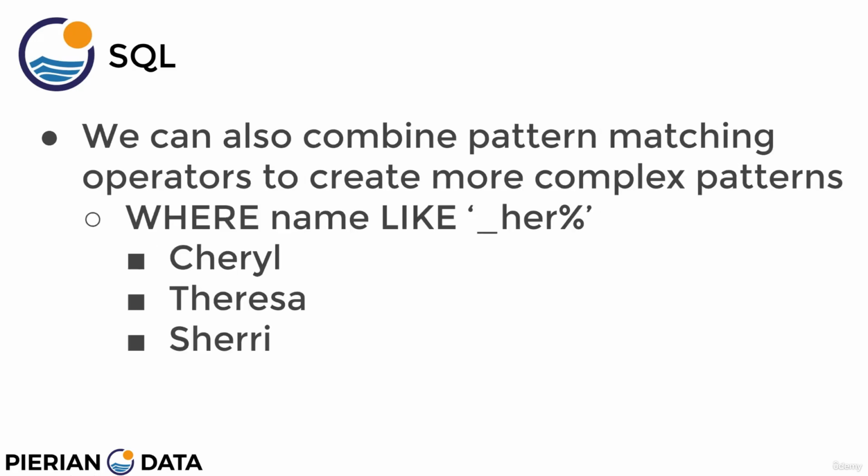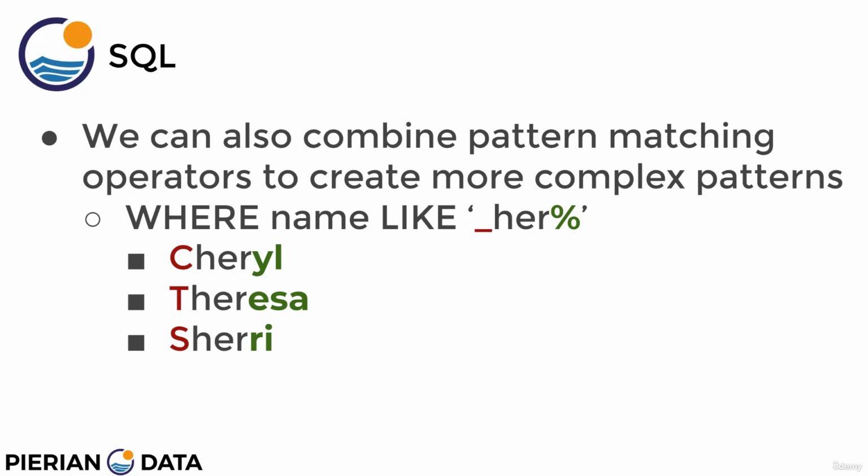Now what's nice about this is then we can begin to combine pattern matching operators to create more complex patterns. So take a look at this example where we say where name LIKE '_HER%'. If we think about what this is actually asking for, and we've color coded it here, it's a single wildcard space for the first letter.